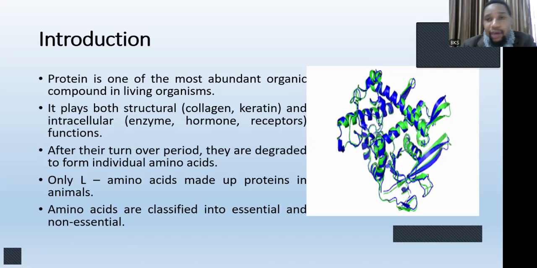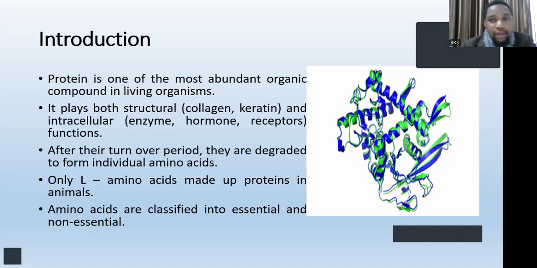These amino acids were basically classified structurally in the previous classes. One of the classifications is on the basis of essentiality, the ability of the body to produce them. Those that can be synthesized are classified as non-essential, while those that cannot be synthesized by the body, so that the body meets its need for these amino acids only from the diet, are essential.